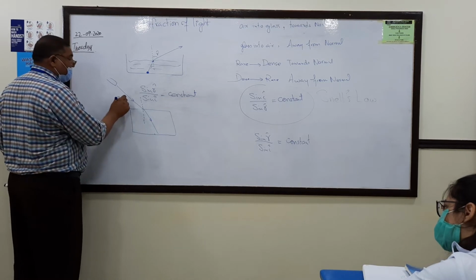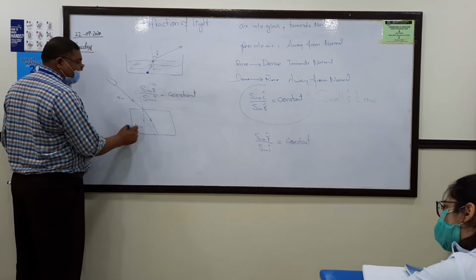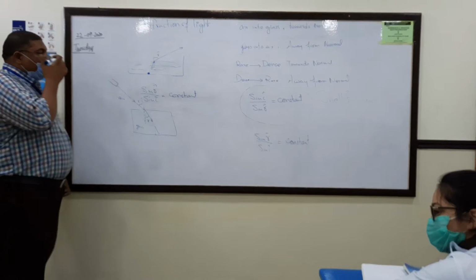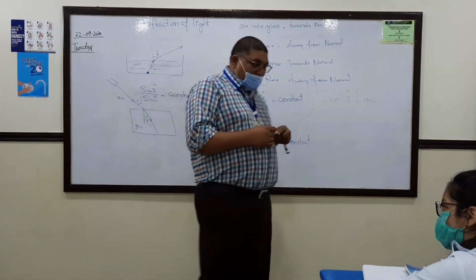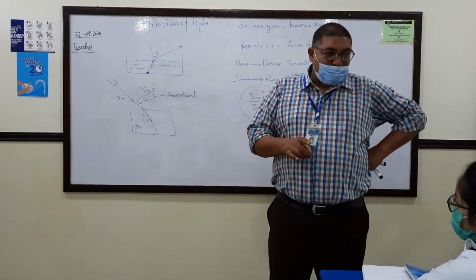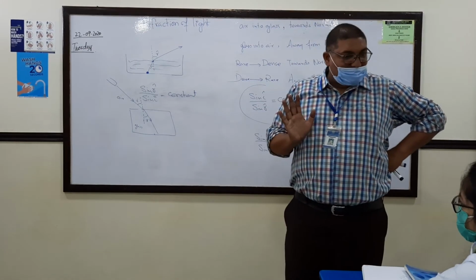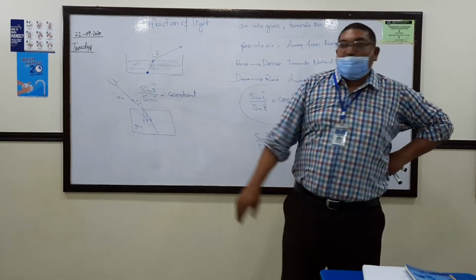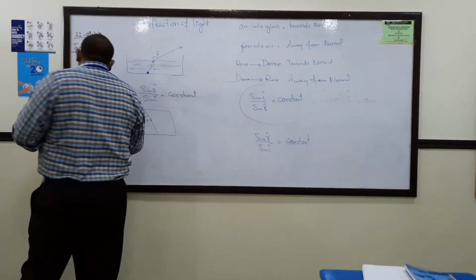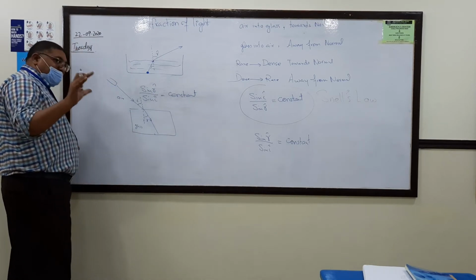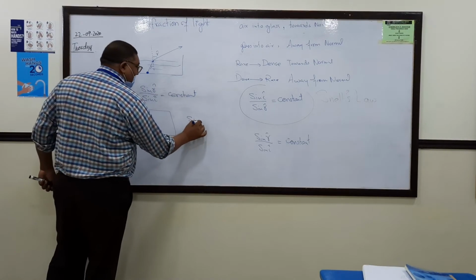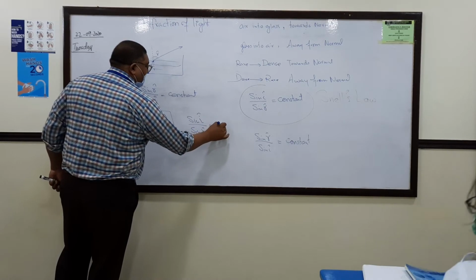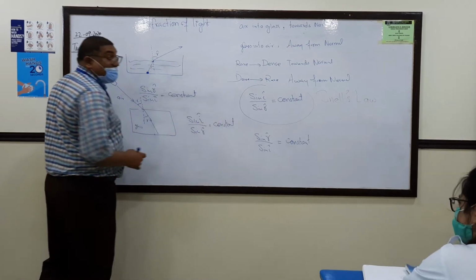This is air. This is glass. This is the angle of incidence. This is the angle of refraction. In this example, the light is entering from air into glass, from a rare medium into a dense medium. If you have to apply Snell's law here, the formula will be sin I divided by sin R. That will remain constant. Do you understand this?